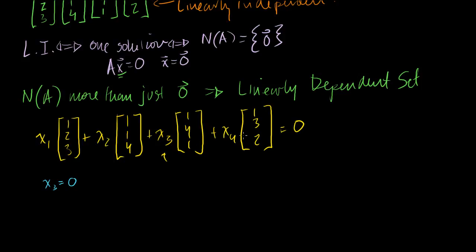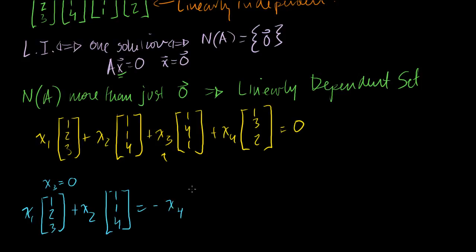And then if I subtract this from both sides of this equation, I get x1 times 1, 2, 3 plus x2 times 1, 1, 4 is equal to minus x4 times 1, 3, 2.